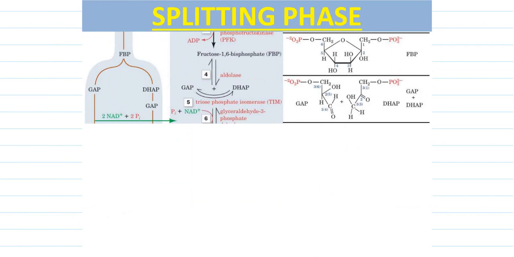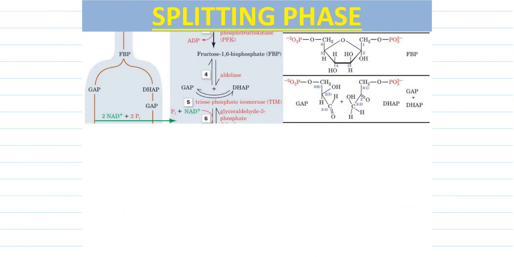The numbering is reversed with respect to the original numbering system, and starts from the point where the molecule has been split. So the numbering is 1 2 and 3, and for the other triose compound, numbering also starts from the same point, so 1 2 and 3.